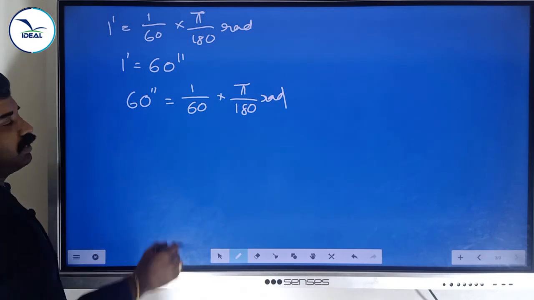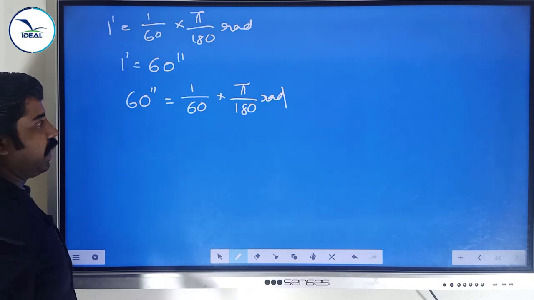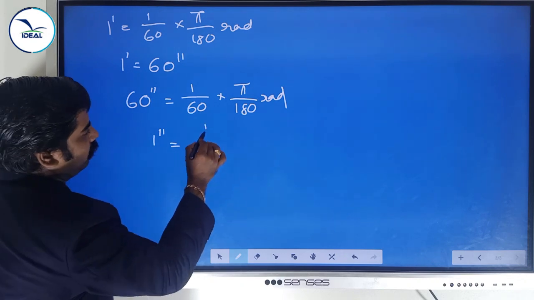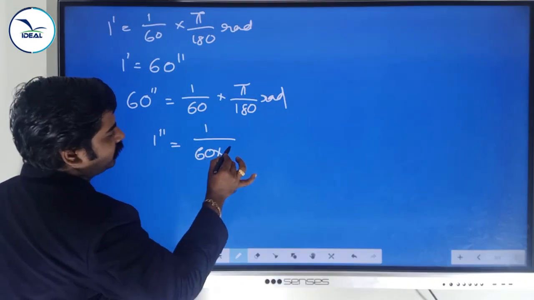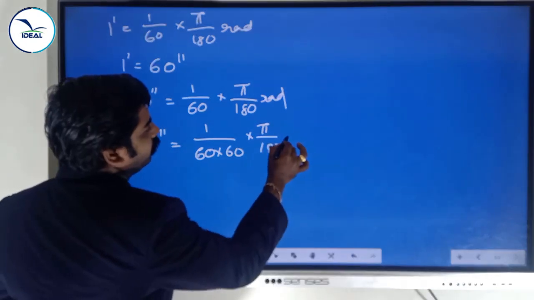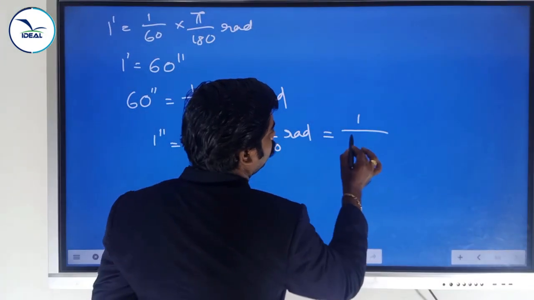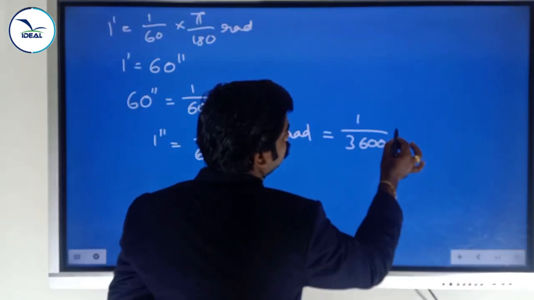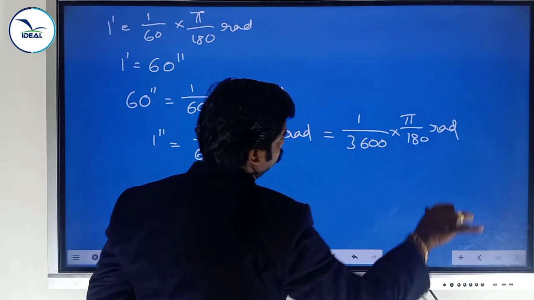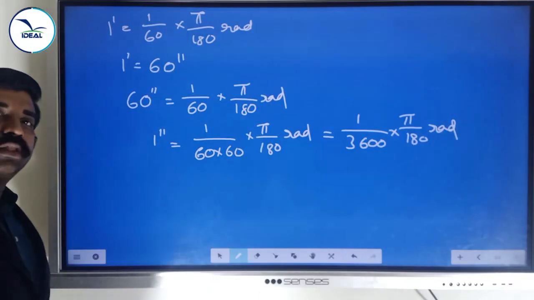For getting 1 second, we can divide this equation by 60 again. So we will get 1 second is equal to 1 by 60 into 60 into pi by 180 radian, or that is equal to 1 by 3600 into pi by 180 radian. You can calculate that and you will get the exact value.